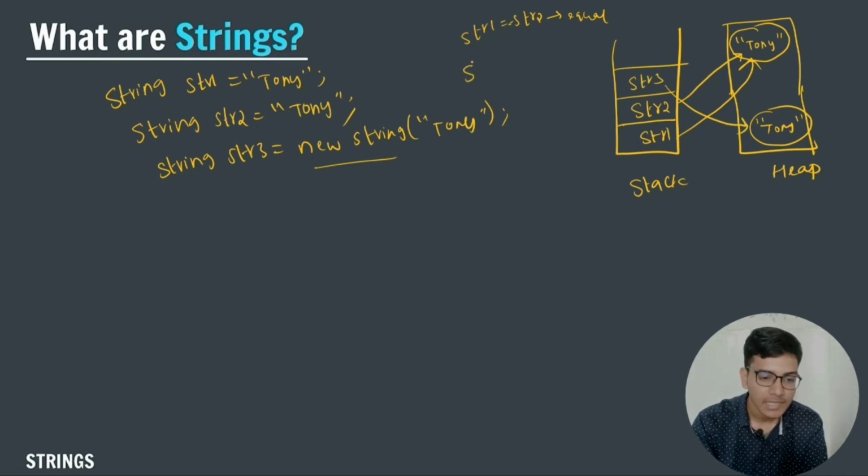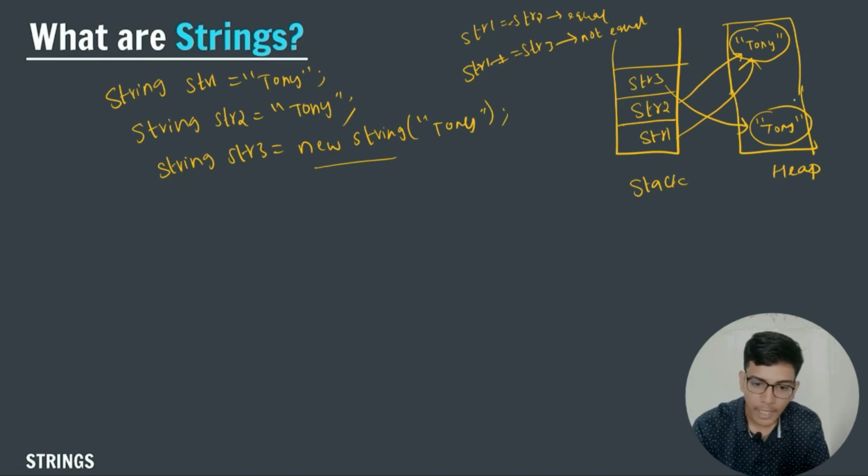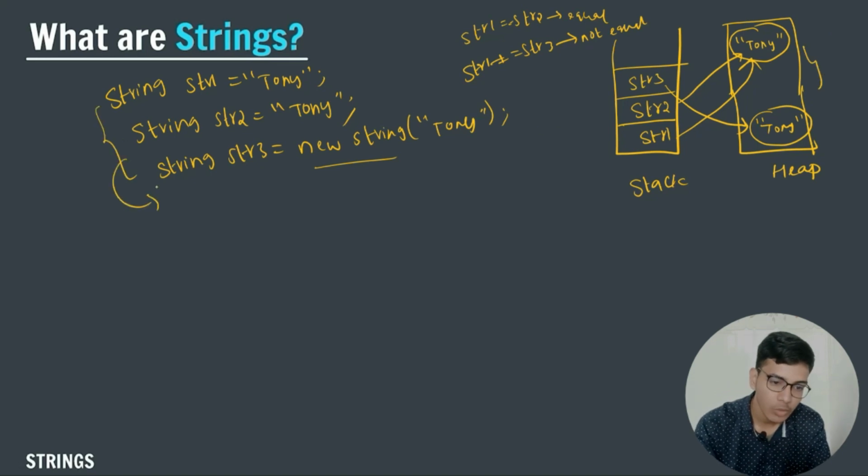That's why when we do str1 equals equals str3, it gives us not equal, because str3 is pointing to a different object and str1 is pointing to a different one. This thing happens due to the concept of interning.